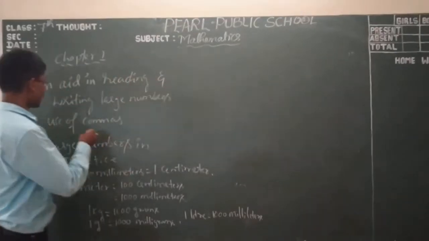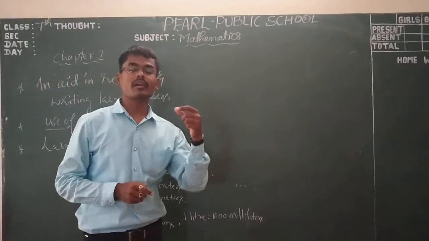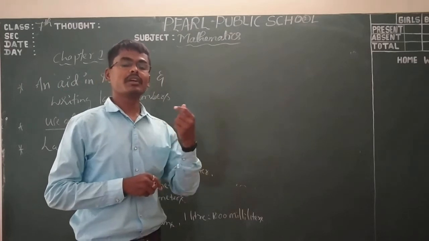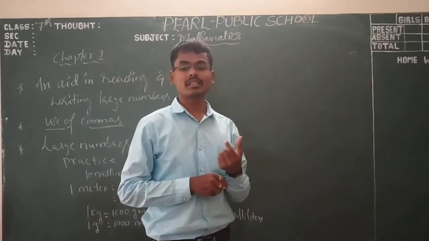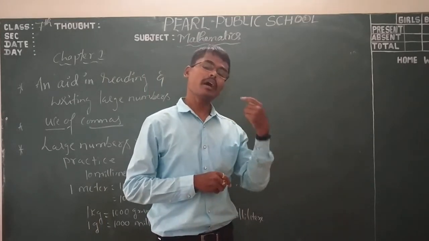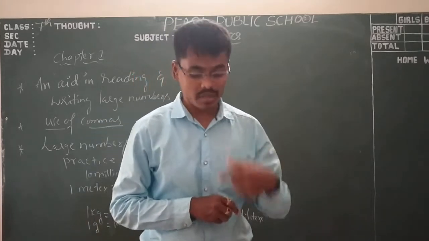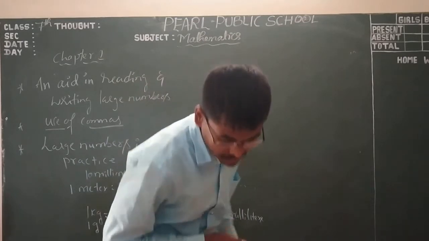For that reason, what I have written here is use of commas. When we are reading a large number and we don't have sufficient knowledge to read and write such large numbers, at that time we have to use the commas. Then how are we going to use the commas? For example, in your textbook they have given some examples like this.